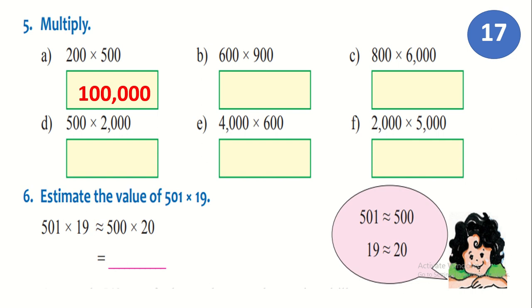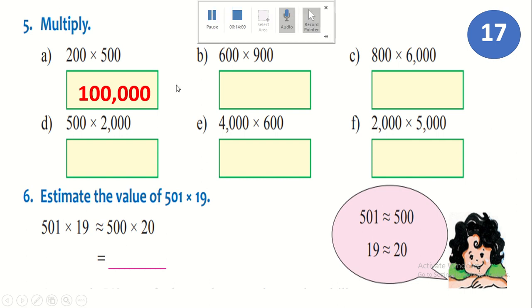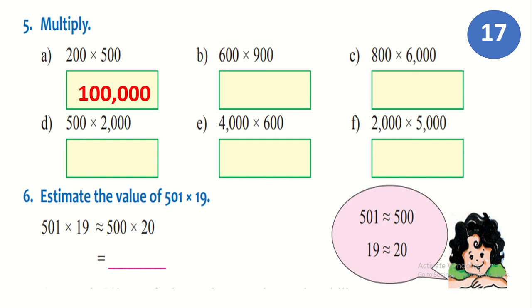Letter B is 600 times 900. 6 times 9 is 54. And then you add 4 zeros because 600 has 2 zeros and 900 has 2 zeros, so 4 zeros and then 54.